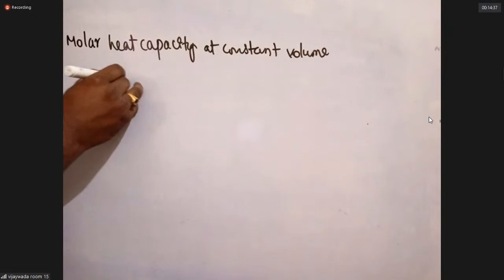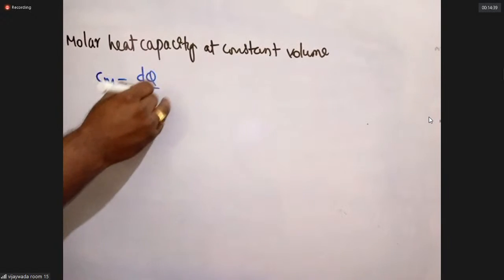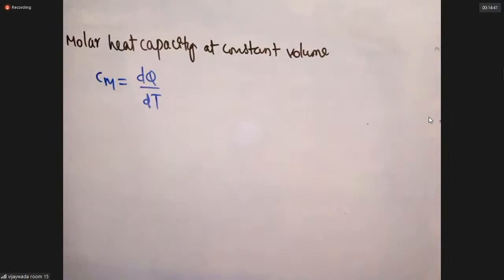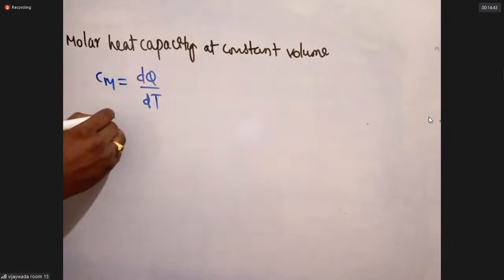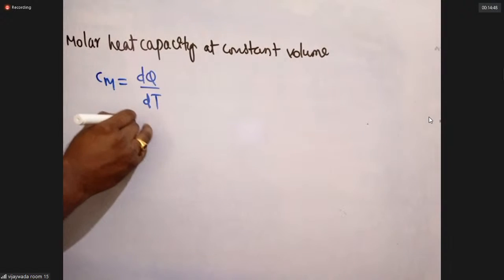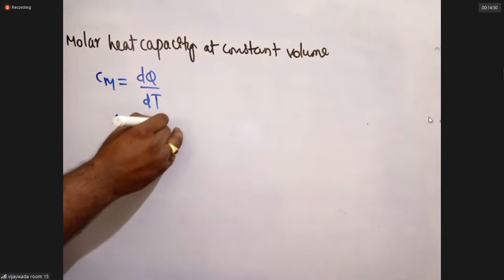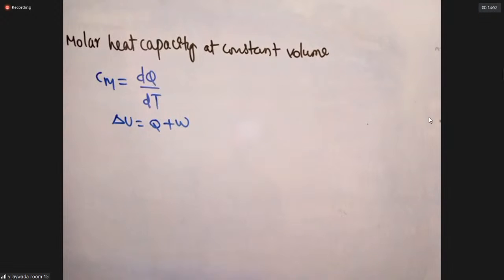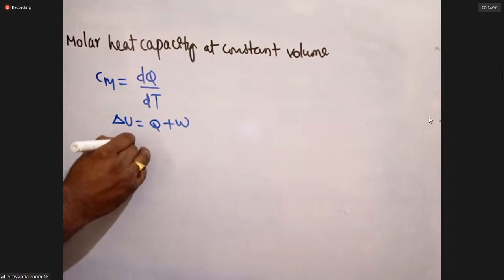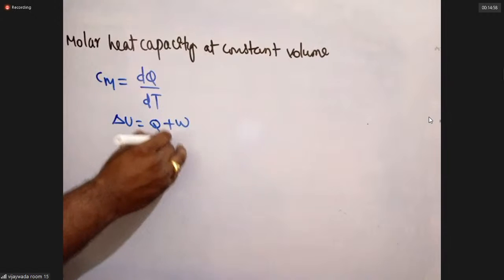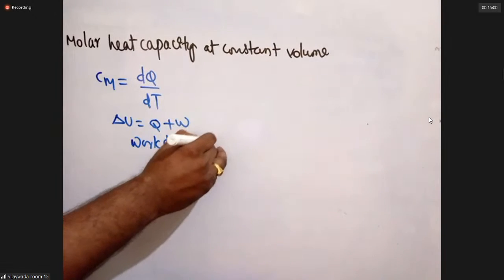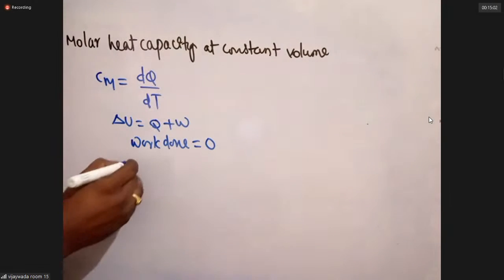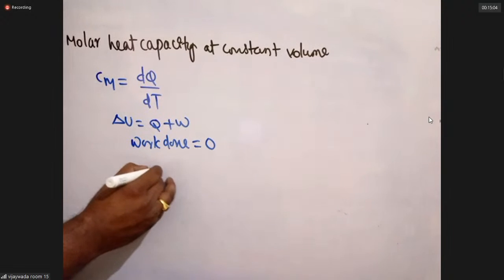Cm, molar heat capacity, equals dq by dt. According to the first law of thermodynamics, delta U equals Q plus W. At constant volume, we already studied that work done equals 0 because P delta V equals 0. So the equation we can write is delta U equals Q.